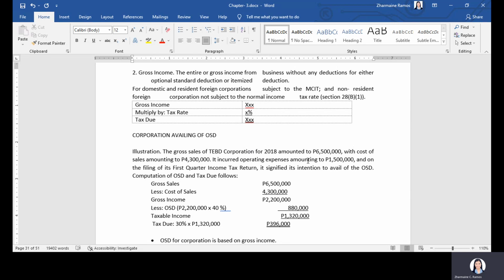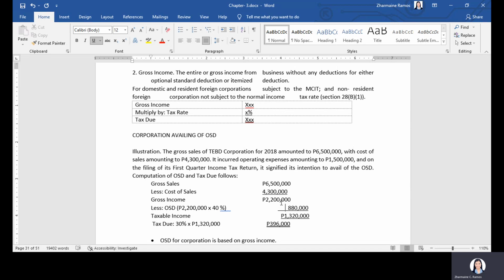Computation of OSD and tax due follows. So, gross sales is 6,500,000 less yung cost of sales niya na 4.3 million, given yung mga yan, less OSD.